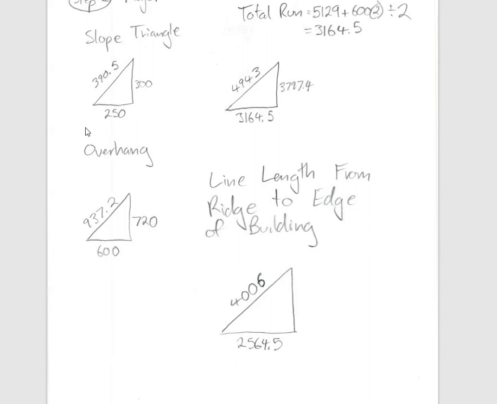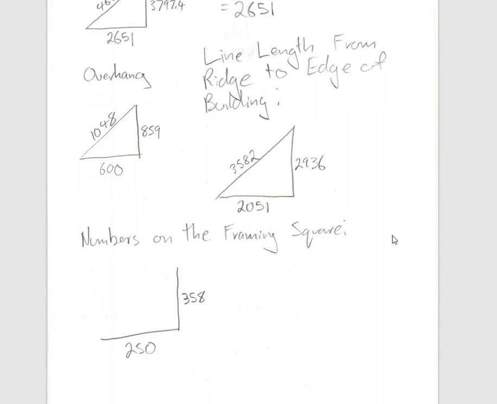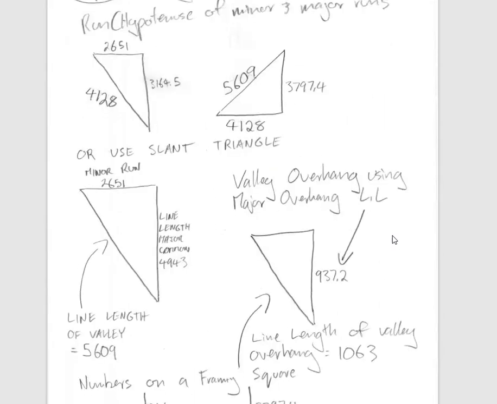Get your slope triangle all figured out. Get your overhang all figured out. And get your line length to the edge of the building figured out. Do the exact same for minor. And then do the exact same for major. And then, yeah, you should be on your way. Hopefully this helps you understand the math.